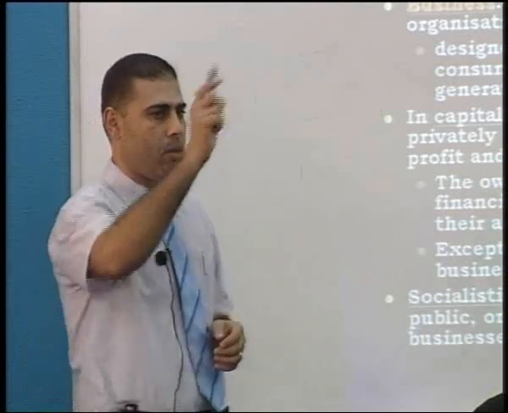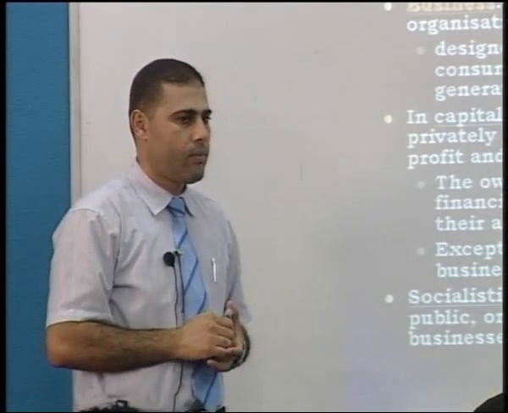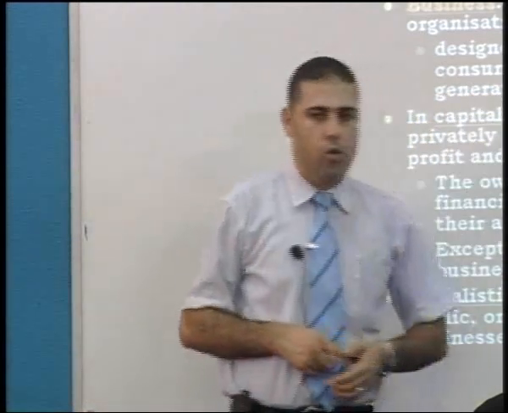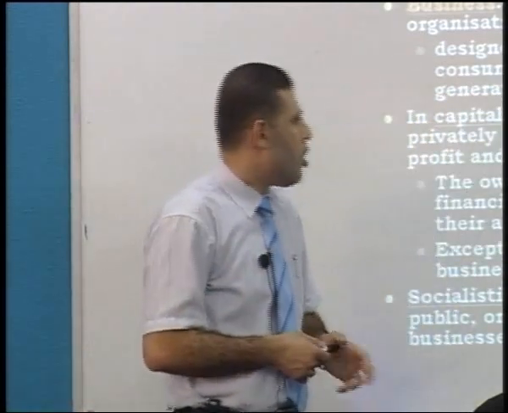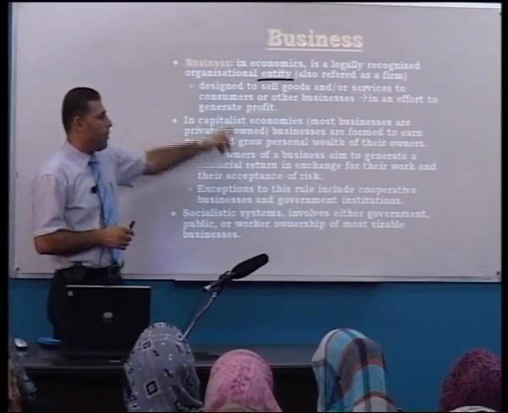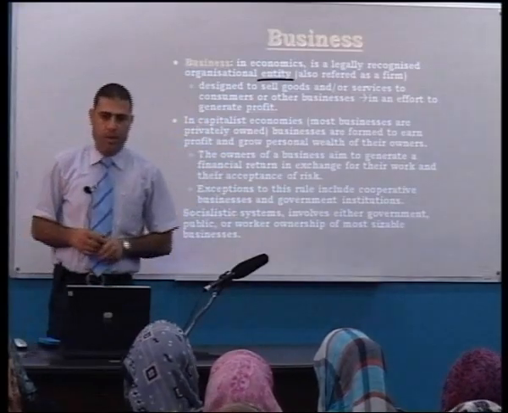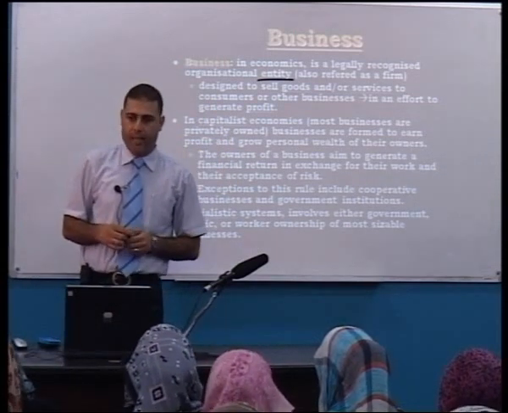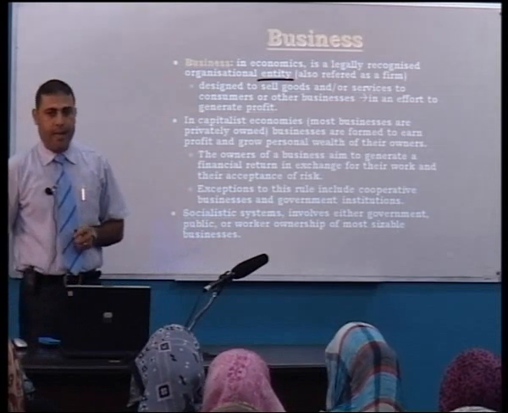It was designed for selling goods and or services to consumers or other businesses in order to make a profit. So the whole intention is to make money, to make a profit. Business is not like non-profit.